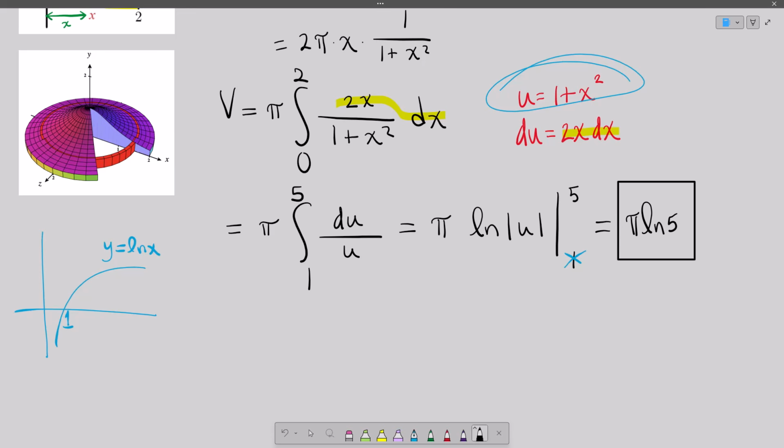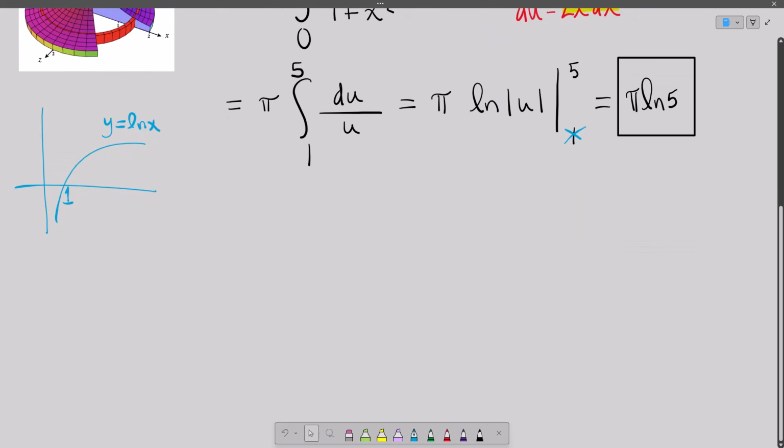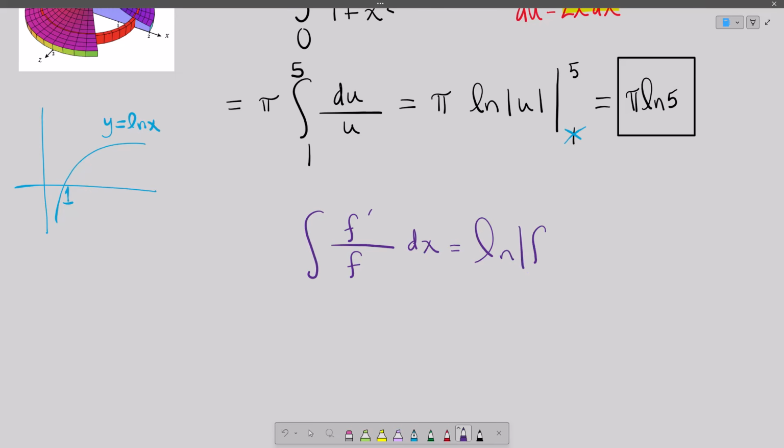This is going to be a form that we are going to apply a name to. We are going to call it log form. Because every single solitary time that you have this, you end up with that. Every single solitary time. So we are going to call this log form.